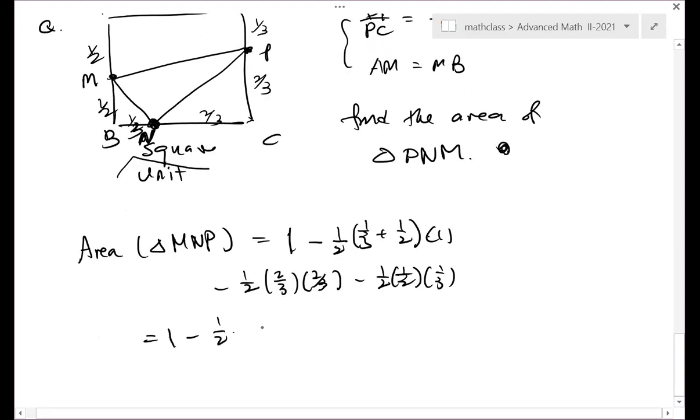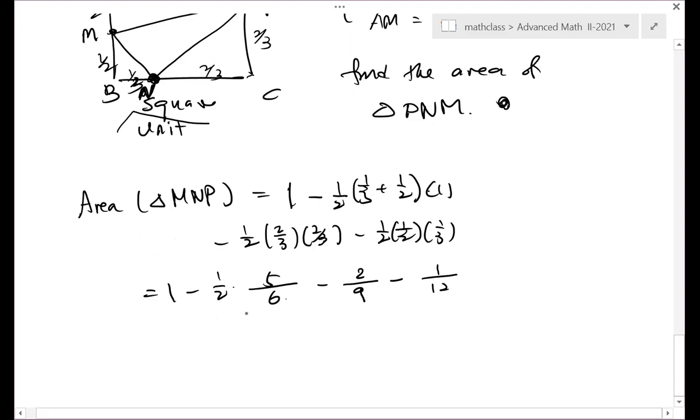Okay, let's figure it out. This is 5 over 12, and this will be 2 over 9, and this will be 1 over 12.